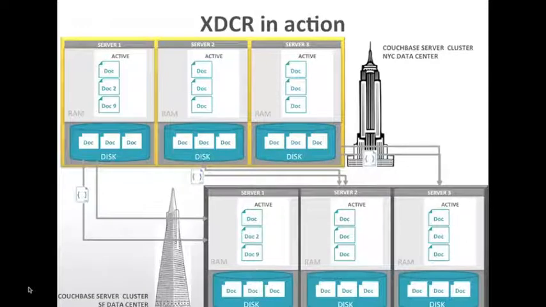Any changes which are happening on the New York data center will get replicated to the San Francisco data center. In return, if we want a configuration where any changes which happen to the San Francisco data center need to be replicated back to the New York data center, you can in reverse set up a unidirectional replication which goes from the San Francisco data center to the New York data center. So in that case, we will have a bidirectional structure where both data centers become active.